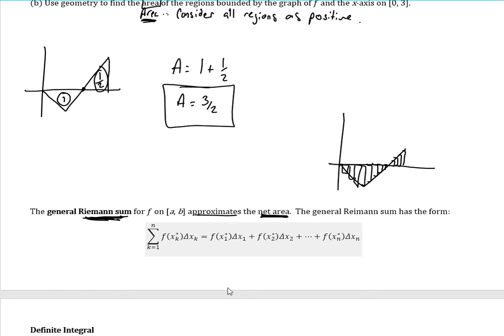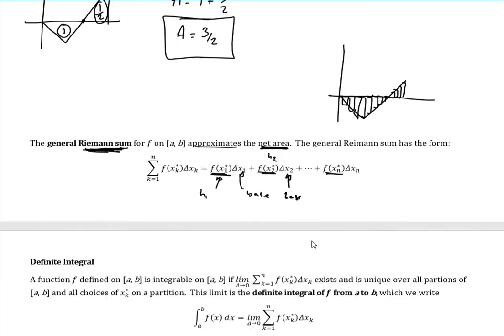Our general Riemann sum, this notation we won't really use, but just to write it out, here is the height, however many there are, and here's our base for each one. However, it's written in a different way than we did it in the videos. The base is always the same, the heights are different. Anyway, what this is saying is the Riemann sum does the net area.